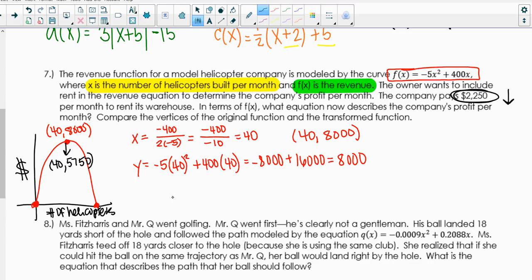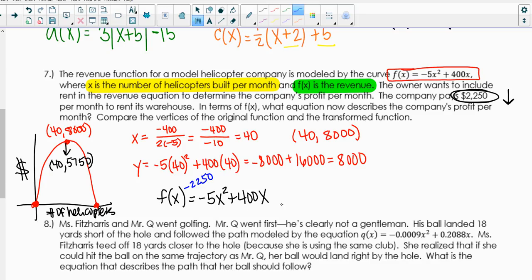So if you think about it, we started with f of x equals negative 5x squared plus 400x. A vertical change is a plus or minus k. Well, that's at the end here. So even though this is in standard form, adding or subtracting something to the end doesn't do anything, right? Essentially, all I'm doing is taking my whole function and subtracting 2,250 from it.